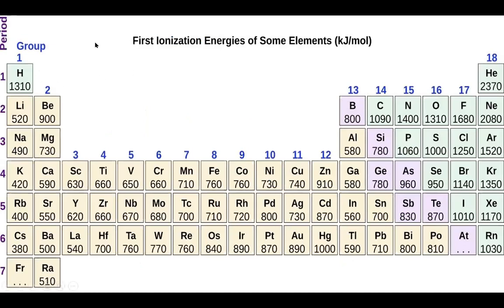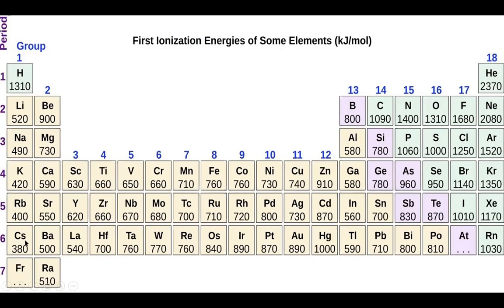Here is a periodic table. In this periodic table, the values of first ionization energies of some elements are shown. You can see that hydrogen has first ionization energy. Hydrogen can lose its electron when 1310 kilojoule per mole energy is given to it.